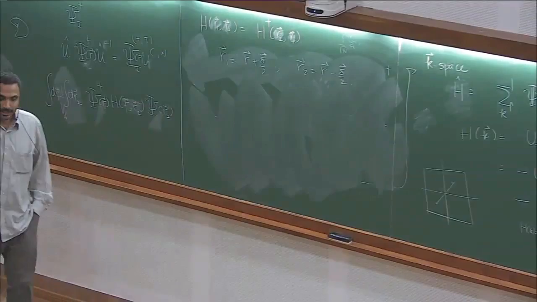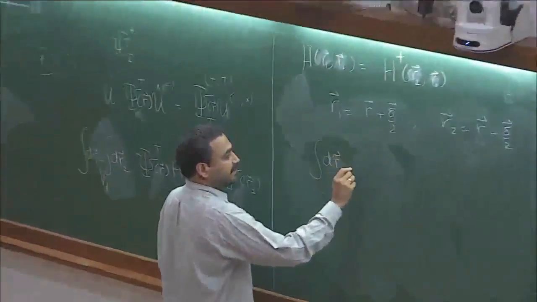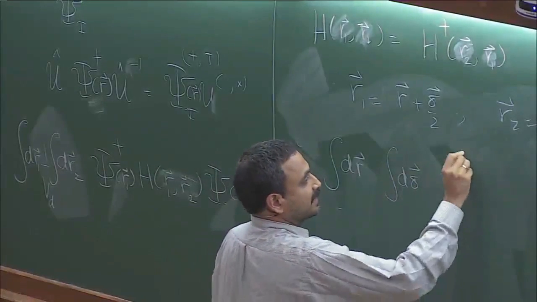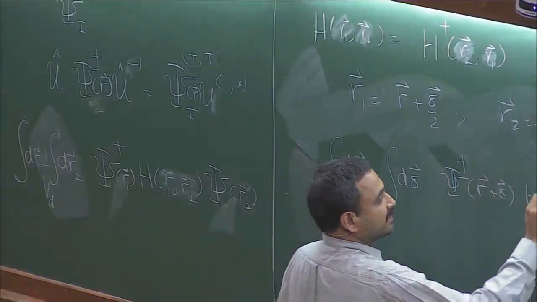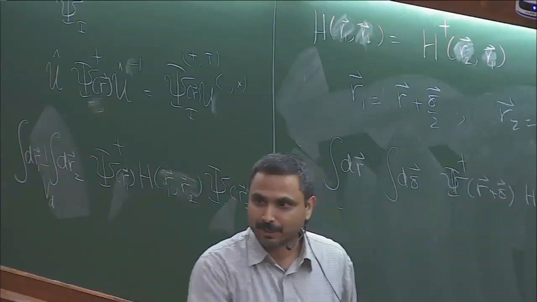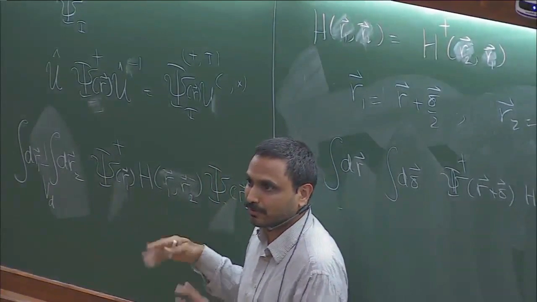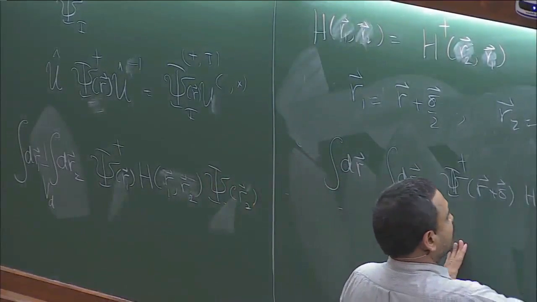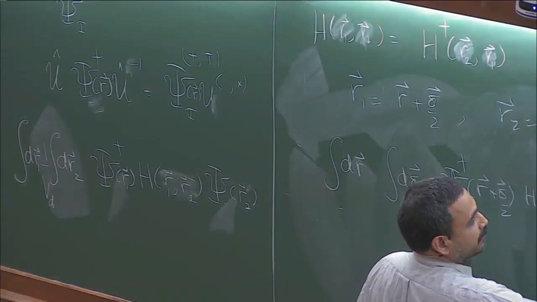You can immediately see that this thing will become something like this: dr integral d delta, psi dagger r plus delta by 2, h of r semicolon delta, I'm just doing a variable transformation. So I get a function of 2 vector variables, and then this is psi of r minus delta by 2.